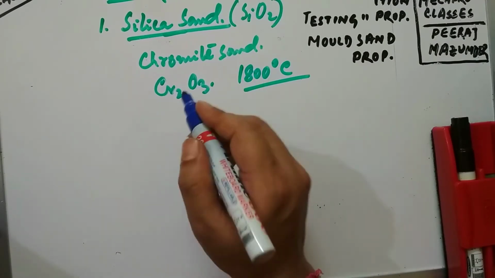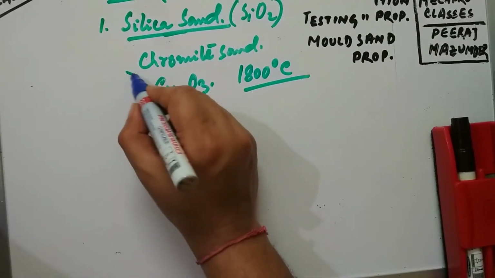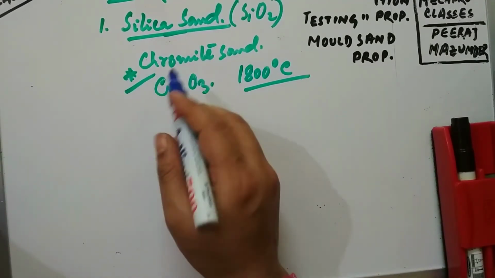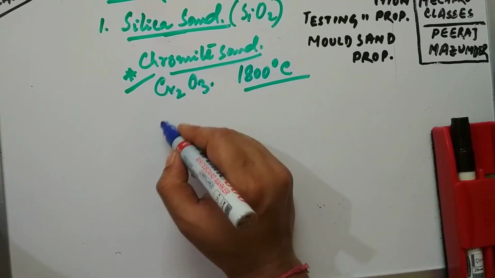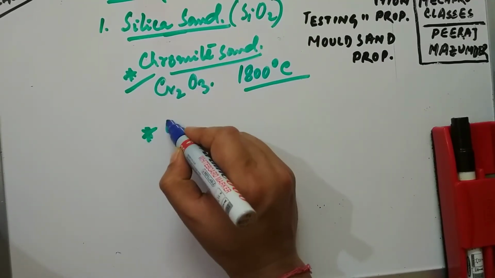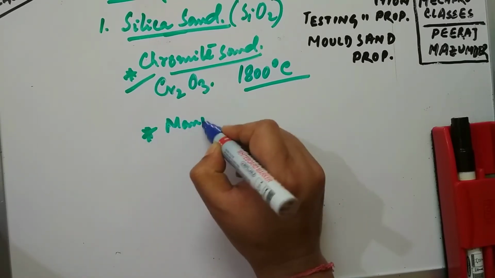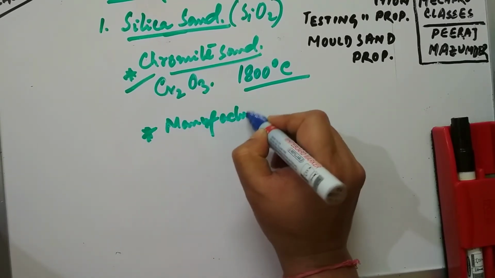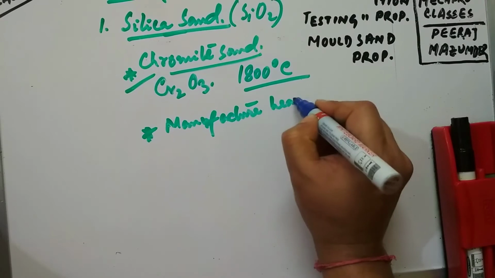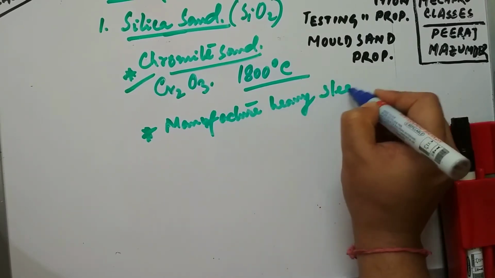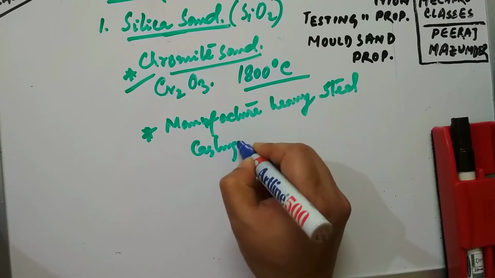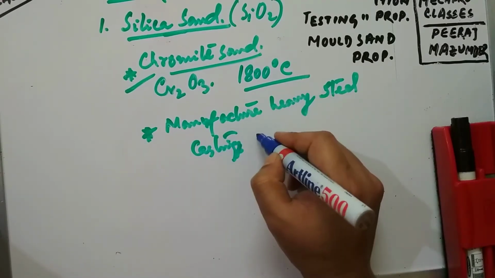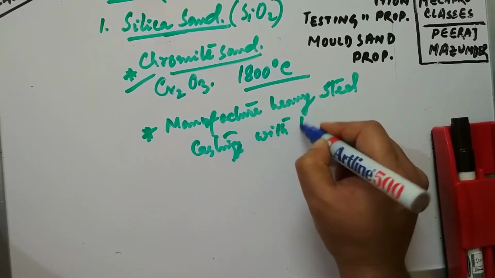This is a special type of sand, and it is also used for special types of casting. You should take note that it is generally used to manufacture heavy steel castings, with better surface finish.